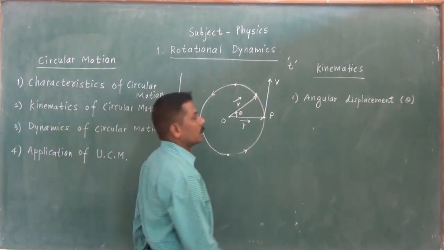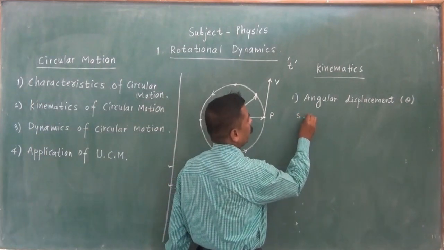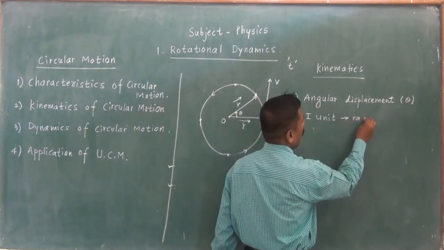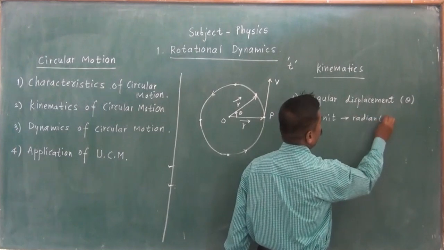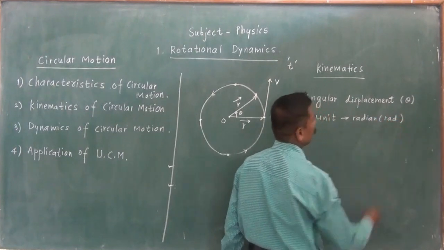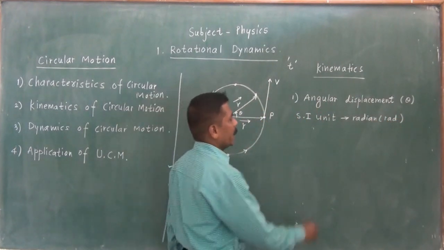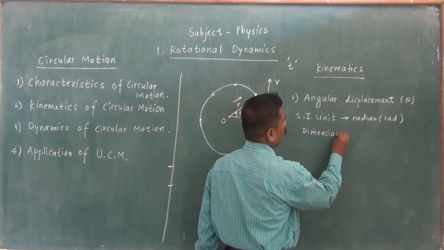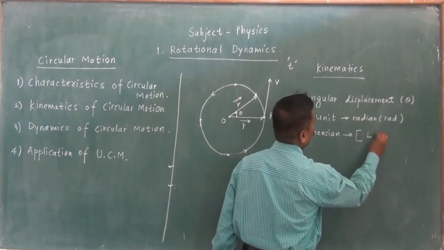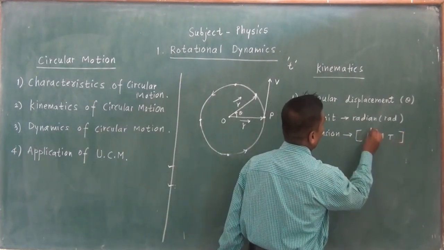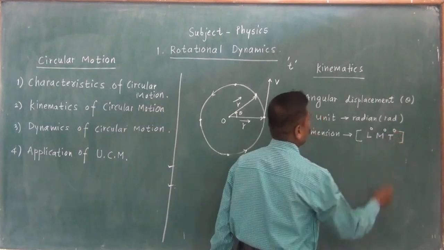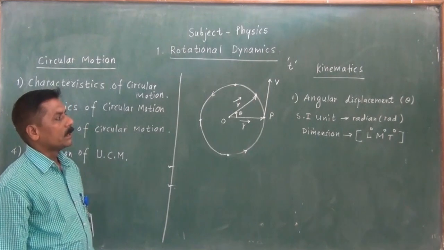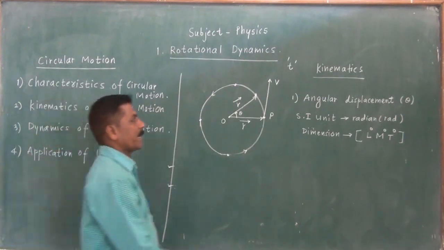The SI unit of angular displacement is the radian, or in short, rad. If I want to write the dimension, it is written in terms of L, M, T, but their powers are 0. So this is the first terminology you should know.